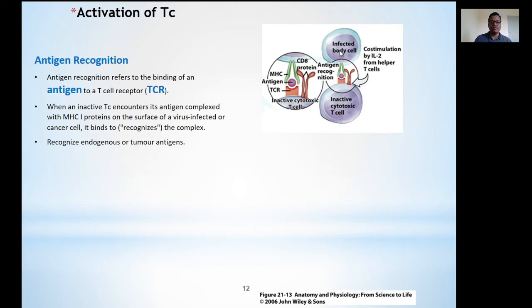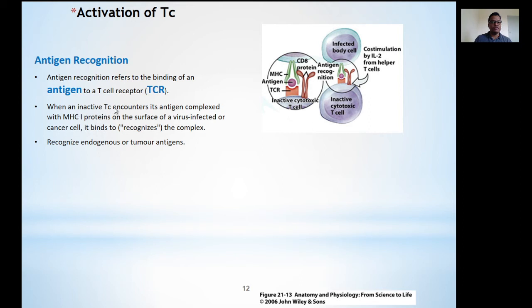We can observe here the antigen attached to the infected body cell's MHC class 1, and like a lock and key system, they will bind to the TCR of the inactive cytotoxic T cell, which later will activate them upon binding.